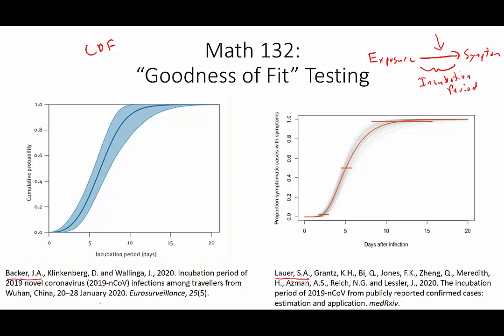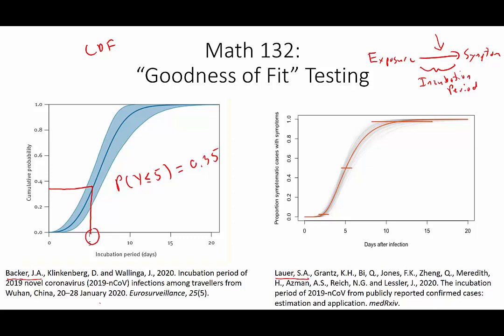Just as an example of how to read one of these graphs, let's focus on the one on the left. Let's take a time of 5 days just as an arbitrary value. If we draw a line up to the CDF function and look at the corresponding value on the y-axis, we can see that the probability that the incubation period is less than or equal to 5 is approximately, it looks like, 0.35 maybe.